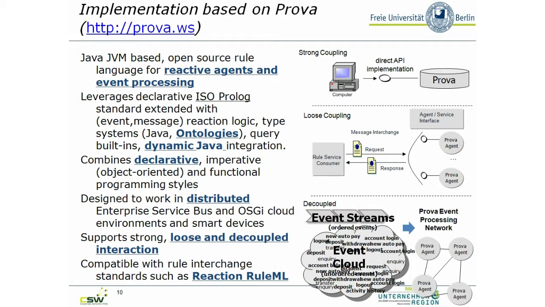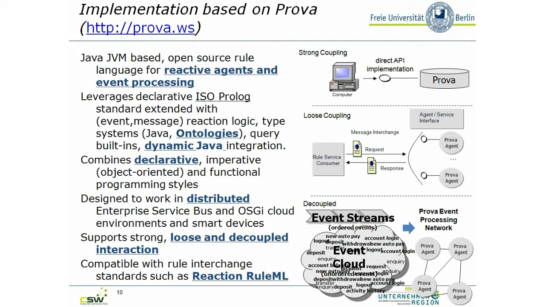To implement our prototype system, we employ Prova, which is an open source language for reactive agents and event processing. Prova stands for the logic programming language Prolog and the object-oriented language Java, so it combines the benefits of declarative, imperative, and functional programming styles.